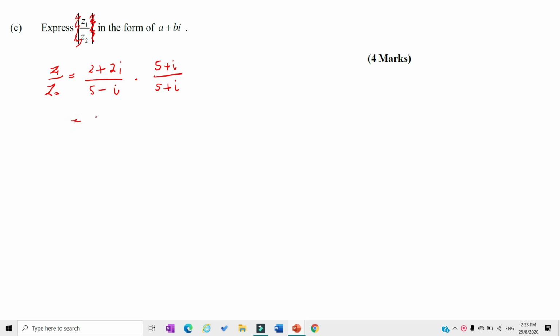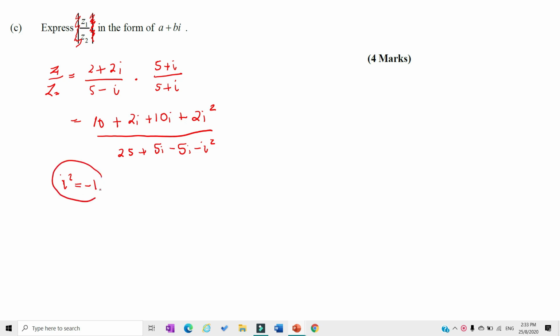This one also 5 plus i. So solve for this, we are having 10 plus 2i plus 10i plus 2i squared divided by 25 plus 5i minus 5i minus i squared. So we know that i squared is equal to minus 1.